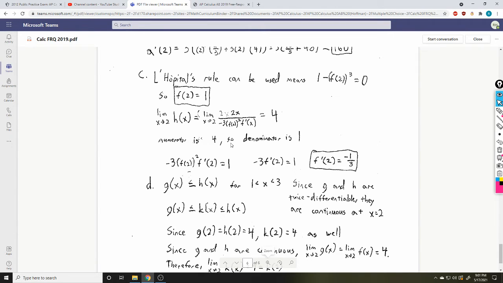So if the answer here is 4, when I plug in 2 here, the top is 4, so the bottom has to be 1. So here's the bottom. I'm setting it equal to 1. I already know that f of 2 is 1. So negative 3 times 1 squared times f prime of 2 is 1. That's what gives me f prime being negative 1/3. So that one's tricky because it takes a really good working knowledge of L'Hopital's rule, both the conditions required for it and the way that L'Hopital's rule works. You need to know how both of them function.